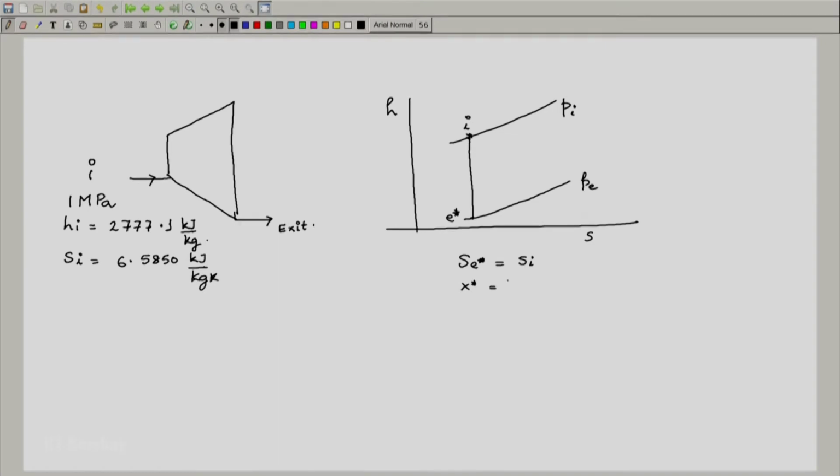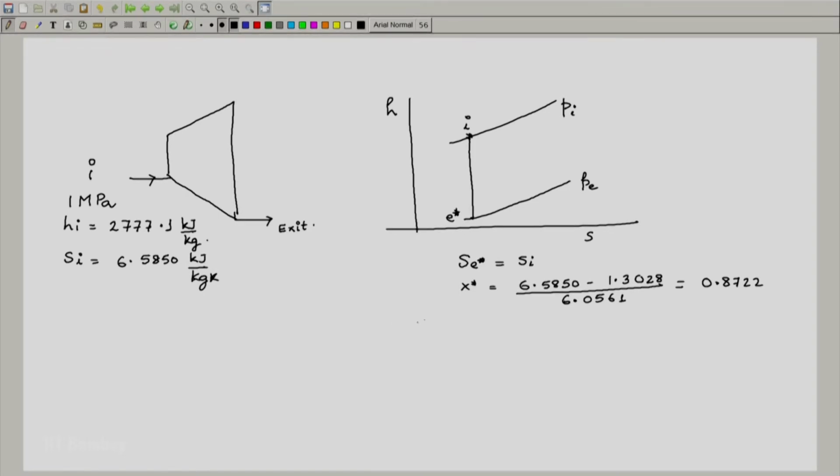We use the entropy at Se star, which is 6.5850, and subtract Sf at 1 bar, which is 0.1 megapascal. From the tables we find it is 1.3028, and divide by Sfg, which turns out to be 6.0561, and hence we get this as 0.8722.